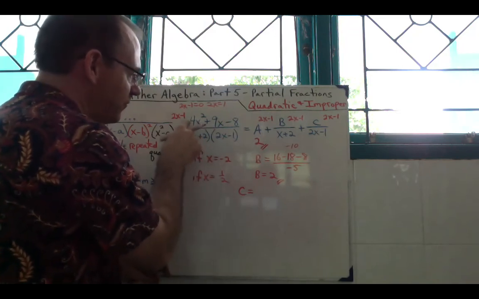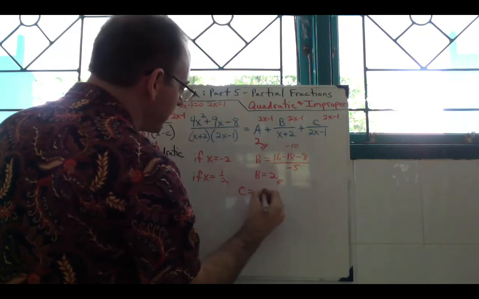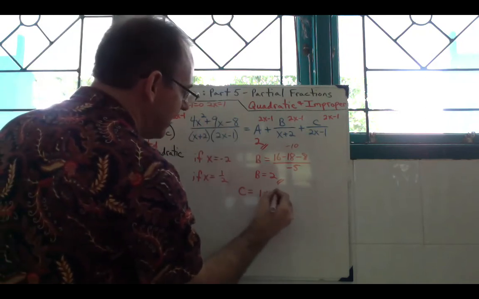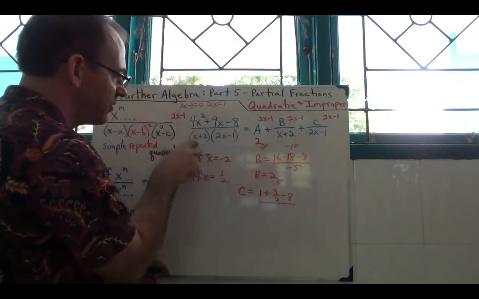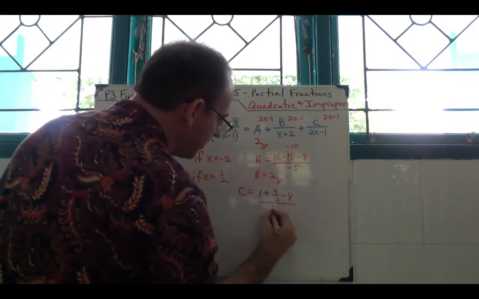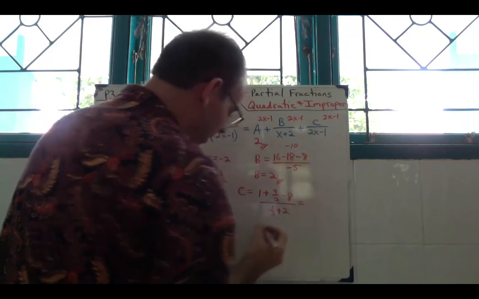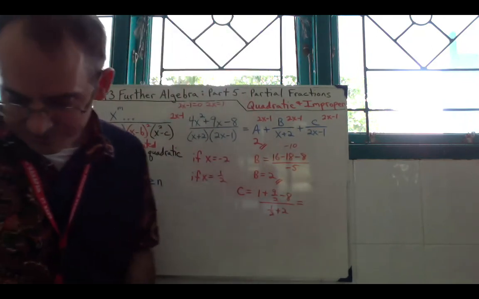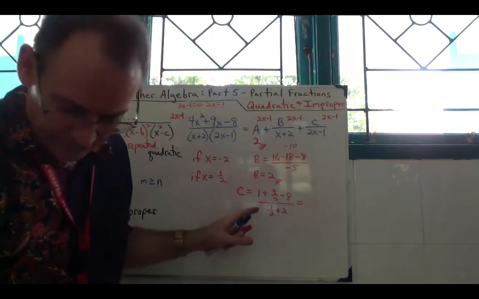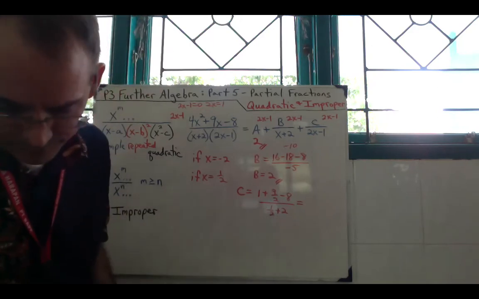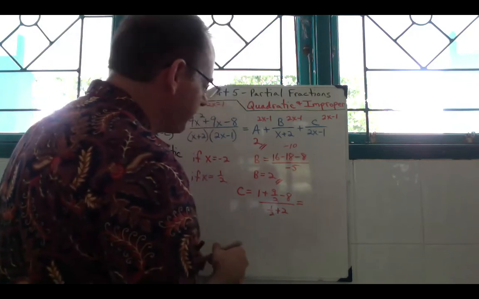1/2 squared is 1/4 times 4 is 1, plus 9/2 minus 8, all over 1/2 plus 2. This one is gone. And when we get our c here, we get this part here.